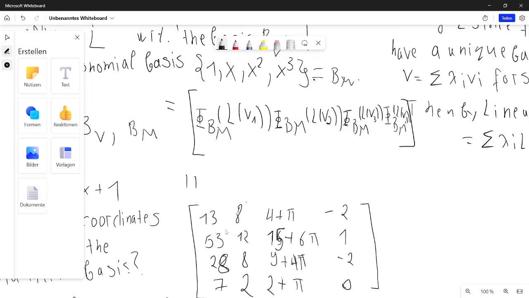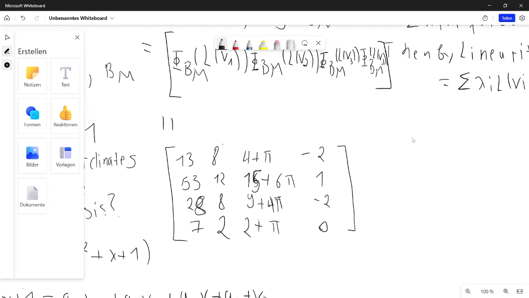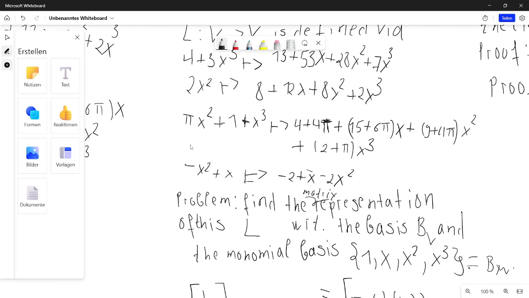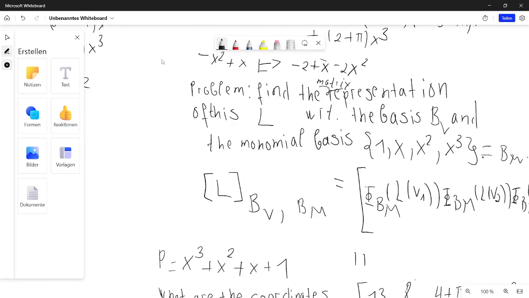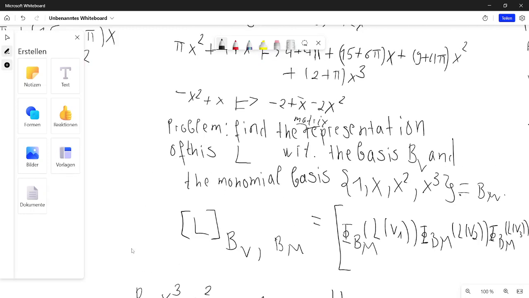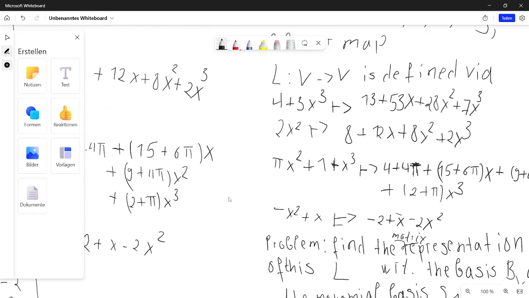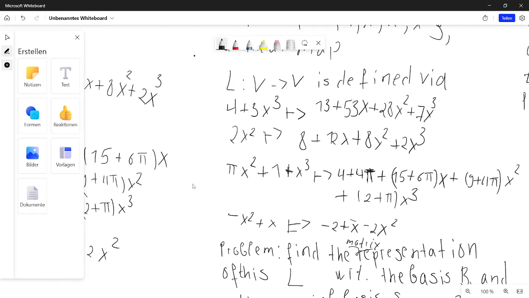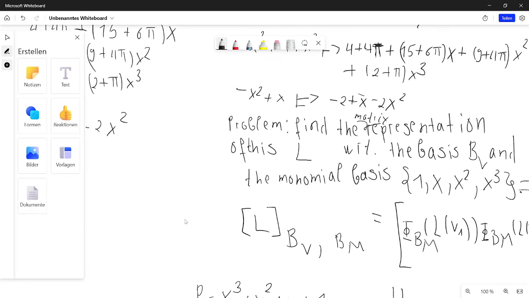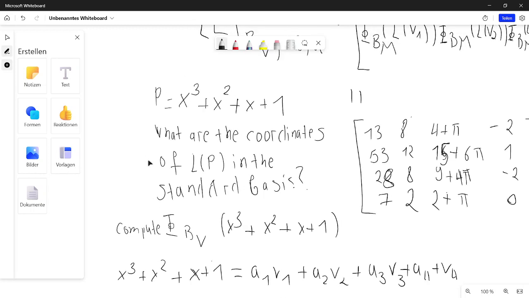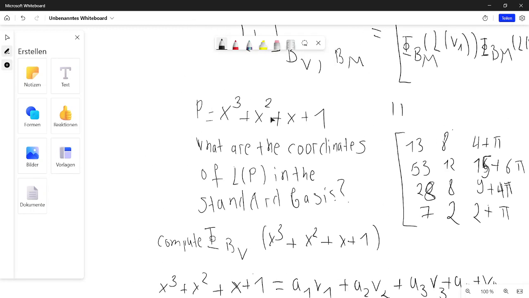Well, it might seem difficult, but now imagine you wouldn't know that you can compute this matrix representation for this linear map in that way. And now imagine someone asks you to determine coordinates of this under this map, which is now given in that fashion, in the standard basis. It would be horror, right?